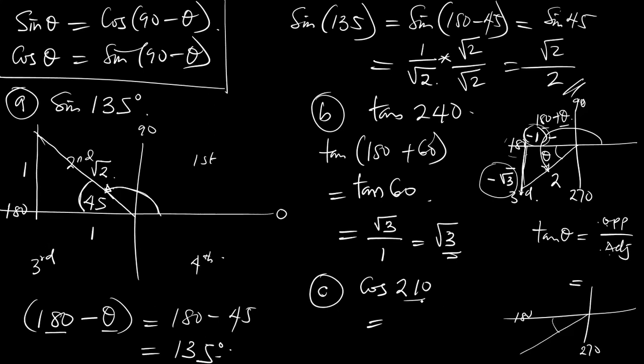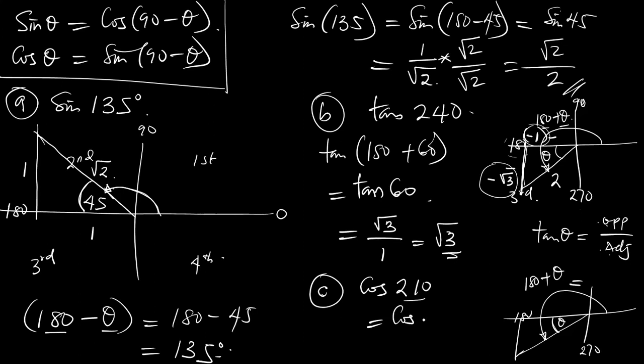Now what will you add? From here, the angle from here to here is 180 plus theta. Then this theta is the acute angle. So from here, what will you add to 180 to give you 210? What you add is 30.